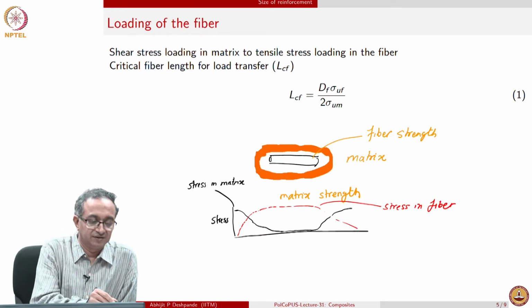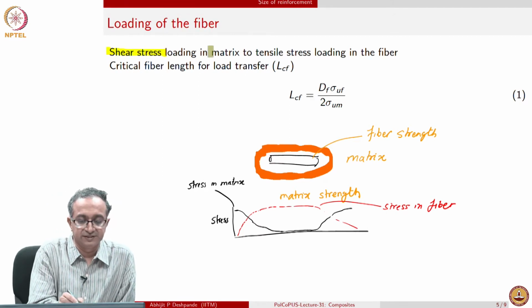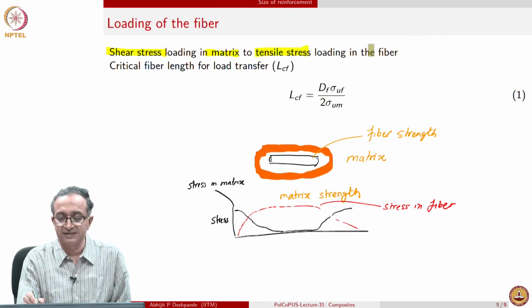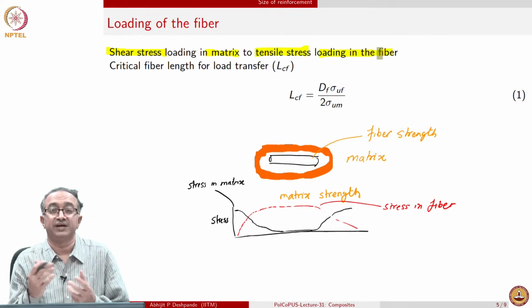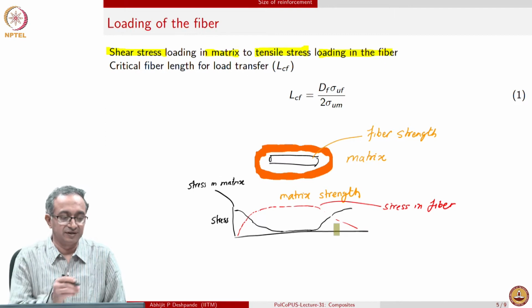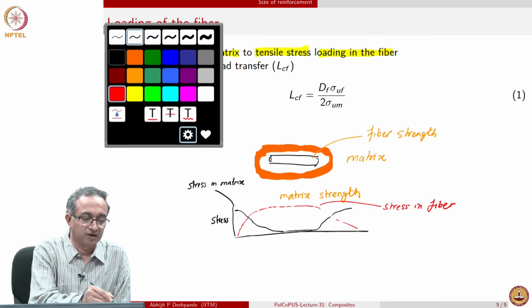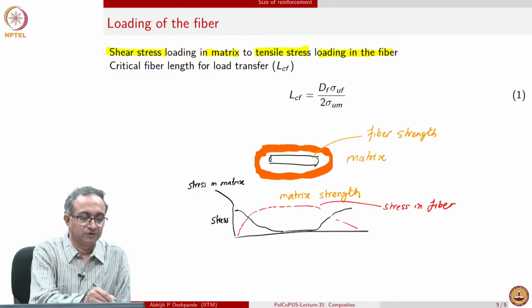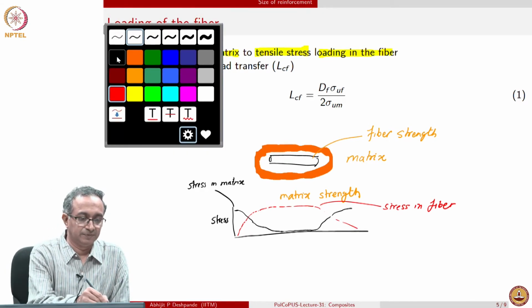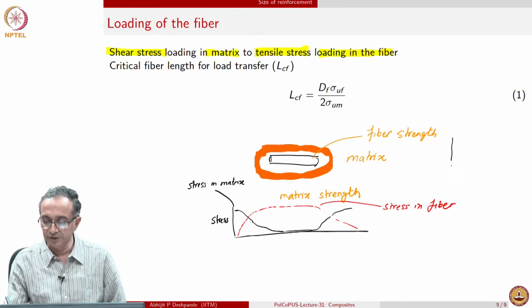Basically, the stress in the matrix, which is in the form of shear stress, becomes the tensile stress loading in the fiber, and that is how they exchange. And you can solve this problem with a more idealistic, simple model, in which case we can look at the example of load transfer like this.